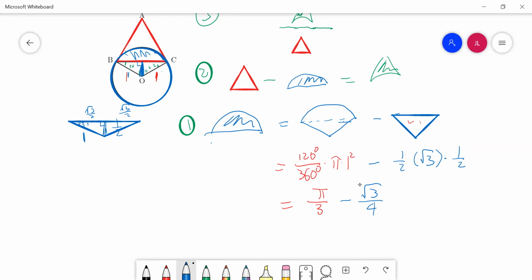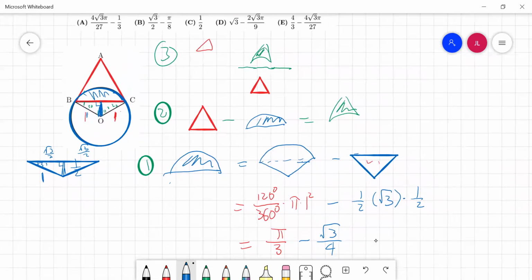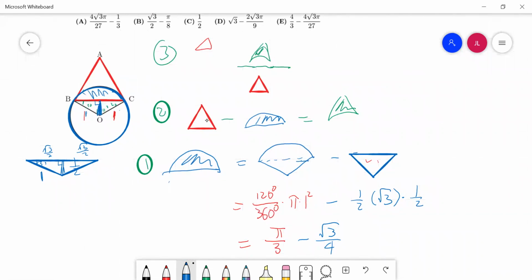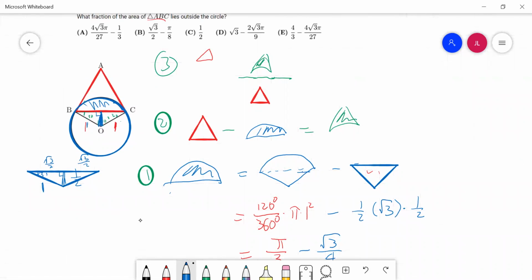All right, so now we got the first step, right? We know what the blue part is. Now we need to find the area of the triangle, then subtract this blue part, and then we get the green part. What is the area of this equilateral triangle ABC? We know the formula, right?